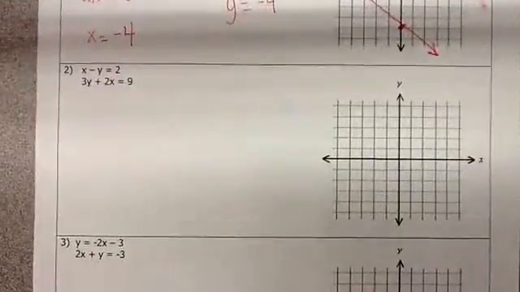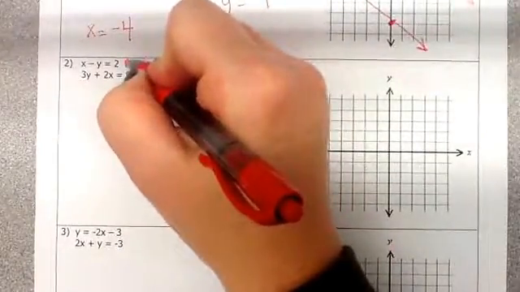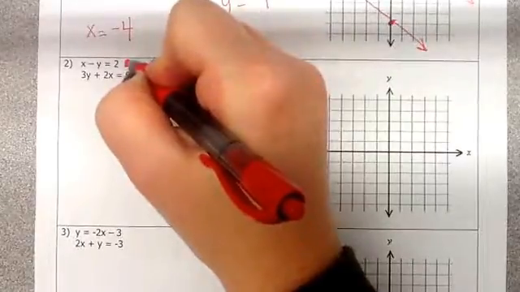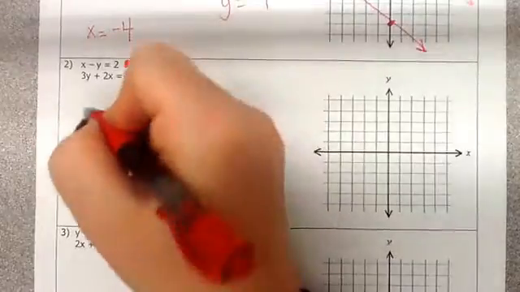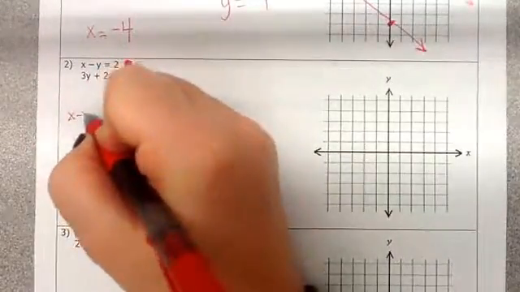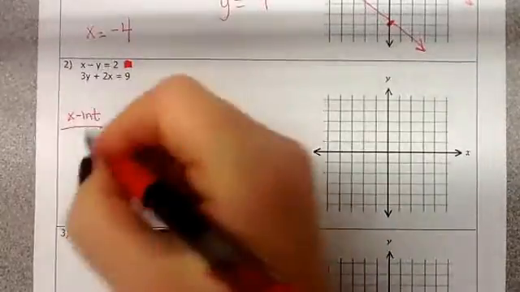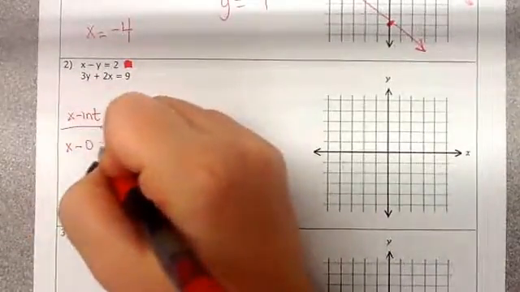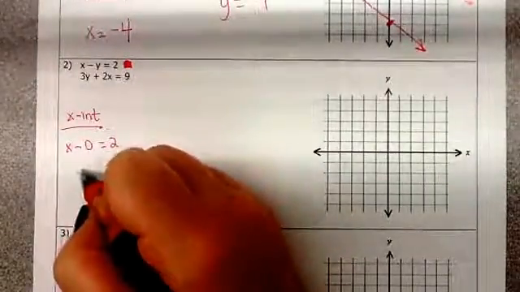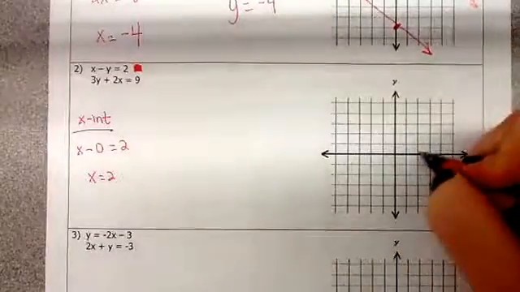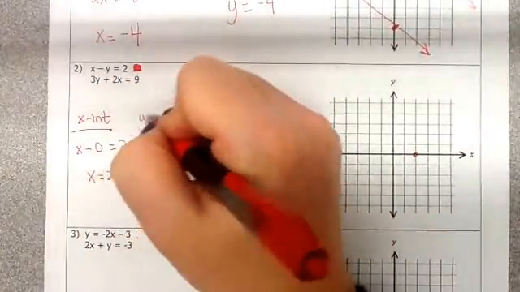Let's take a look at number 2. Our first equation, how do you want to graph this? Slope-intercept or intercepts? Let's do intercepts because x and y are on the same side. So x-intercept, which one is 0? The y, so x minus 0 equals 2, which means x equals 2. What about the y-intercept?